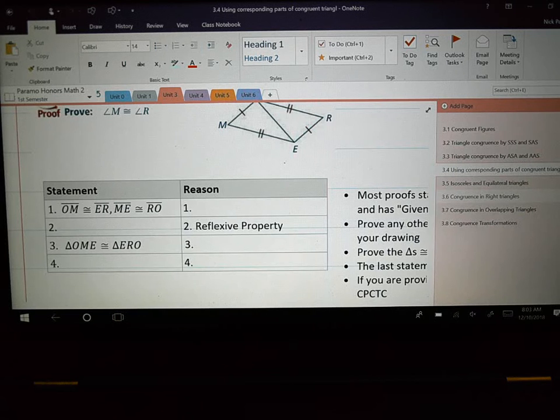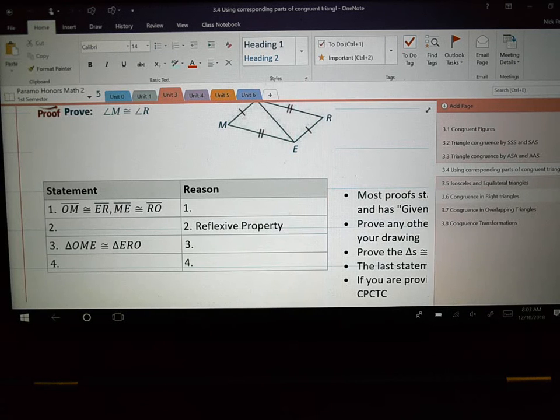The proofs in the packet are going to be similar to what you could see on your final. Your final will have proofs, but because it is multiple choice, you will look through it and have to pick: is it this reason? Is it choice C? Is it choice D? What's the reason that goes in that blank?